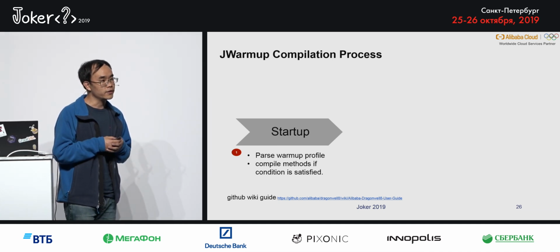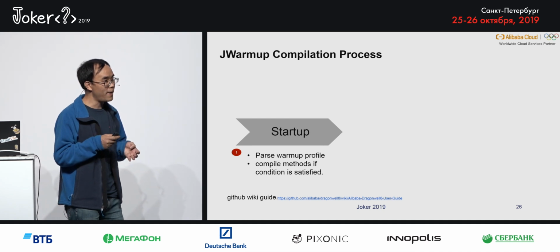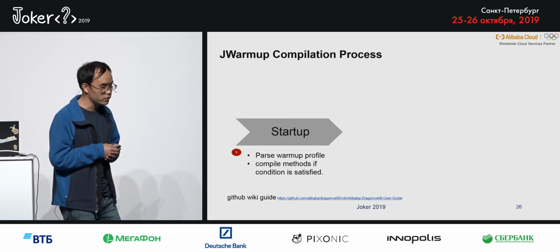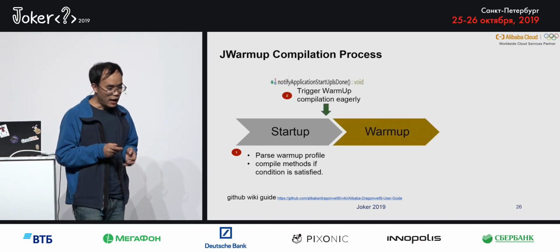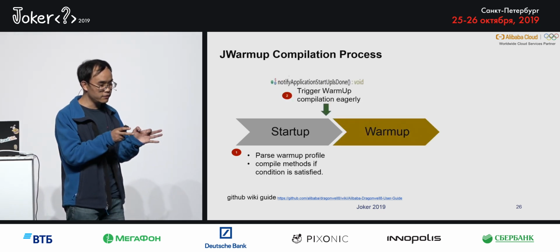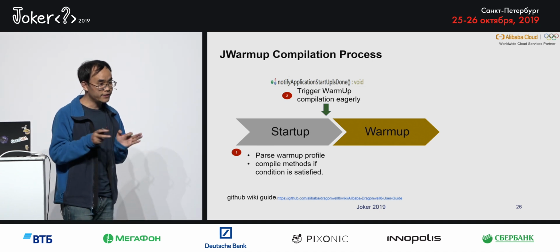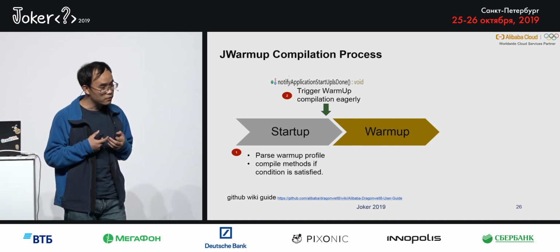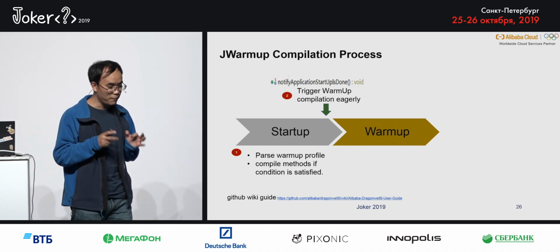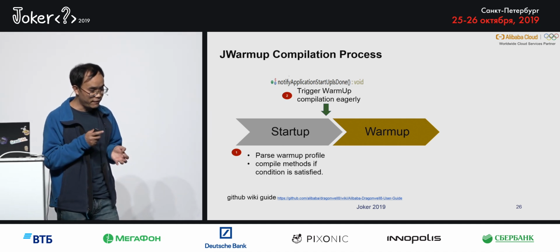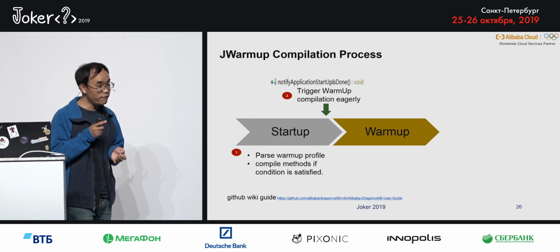Based on our experience, most of the methods would be compiled in this phase. After that, the application will call this API to notify the JVM: I'm done, please trigger eager compilation for me.